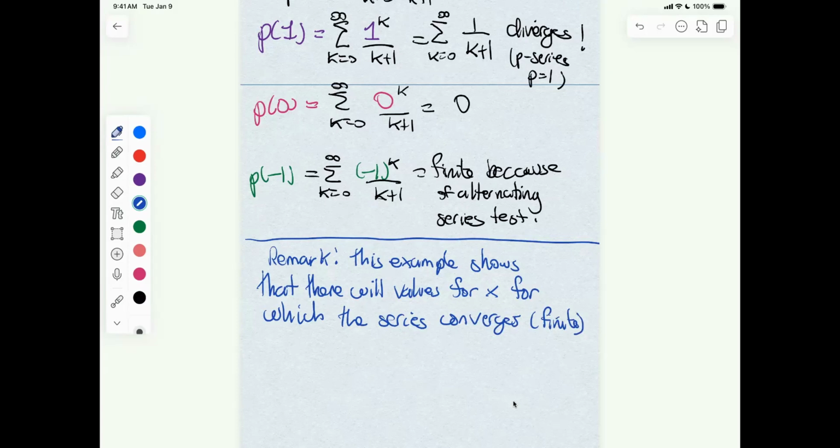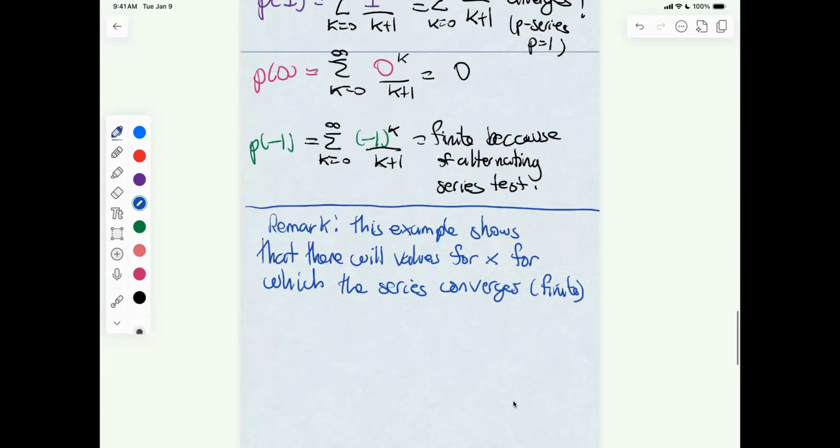It could be because it becomes infinity or because there's just no limit to the series. And other values of x for which the series diverges.